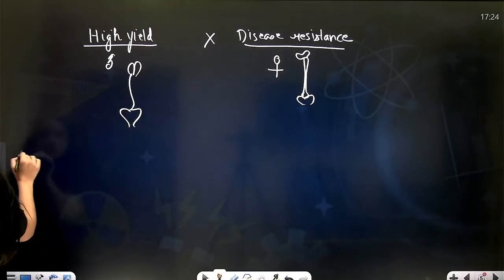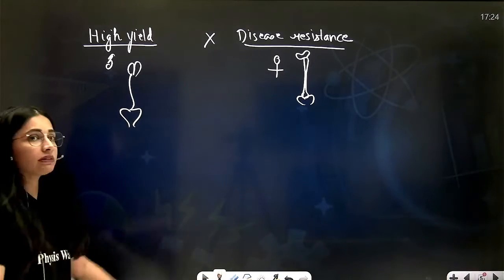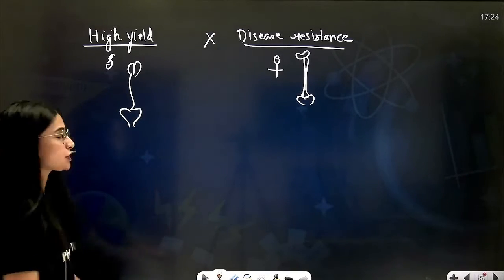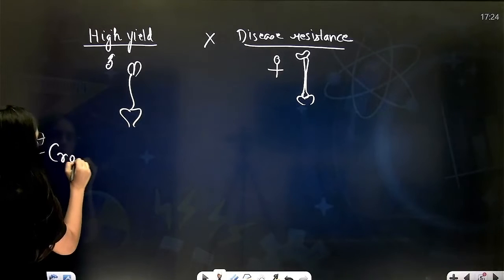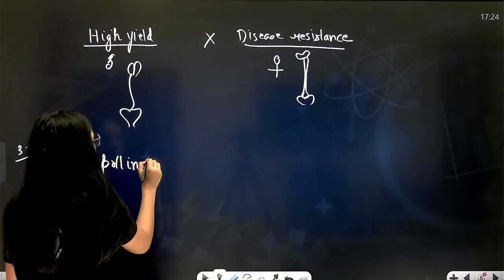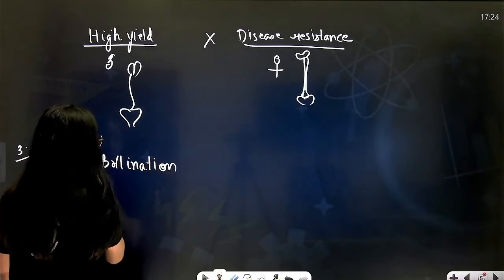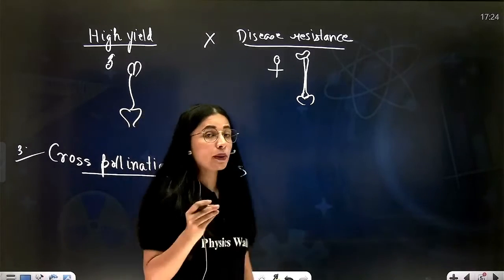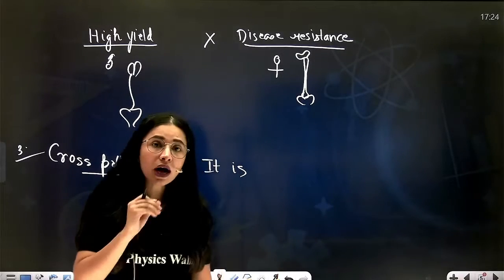Third step, which is a very tedious and time consuming step, is performing cross pollination. Tedious means very hard working step. How hard working?